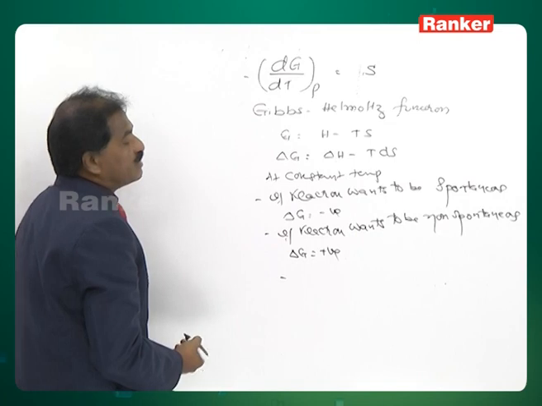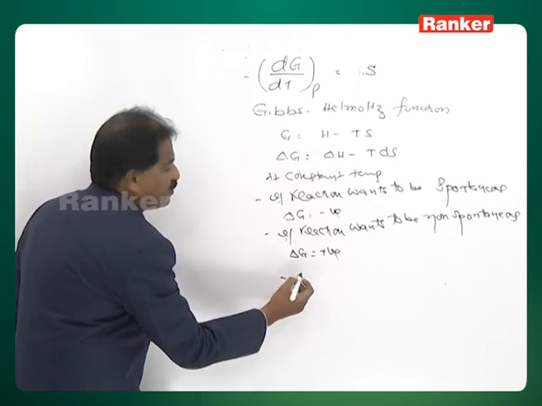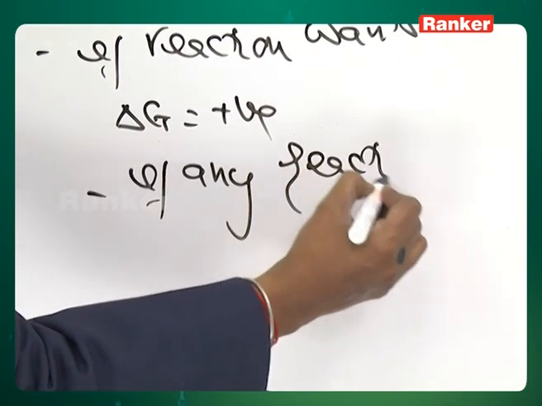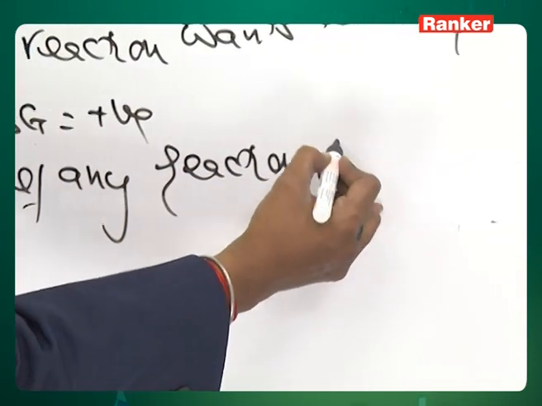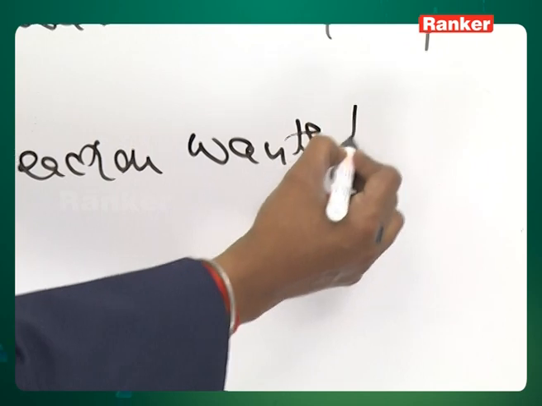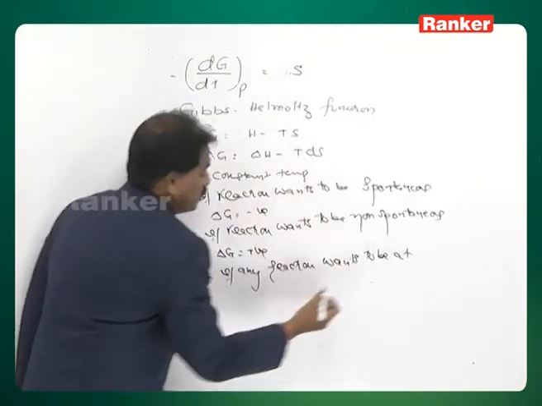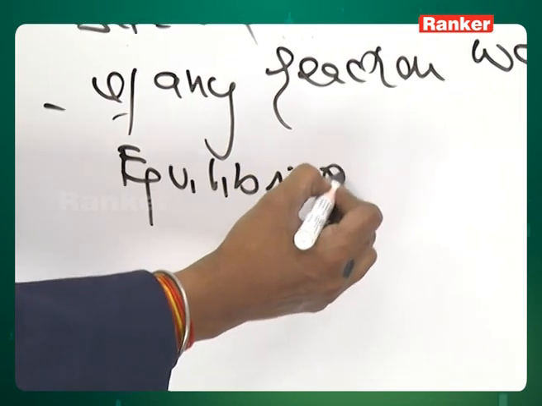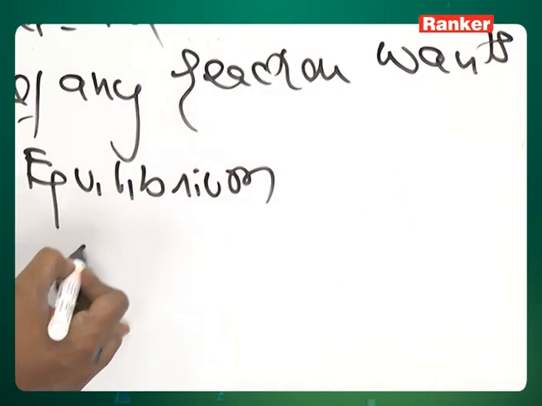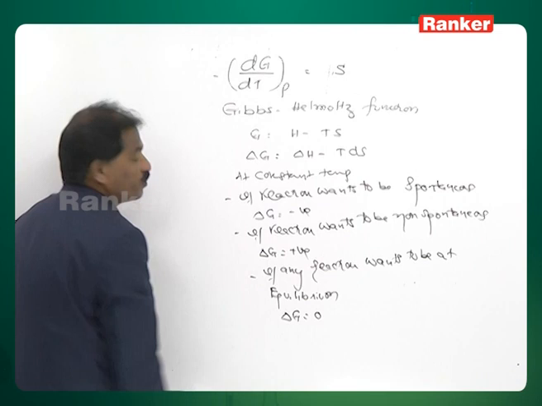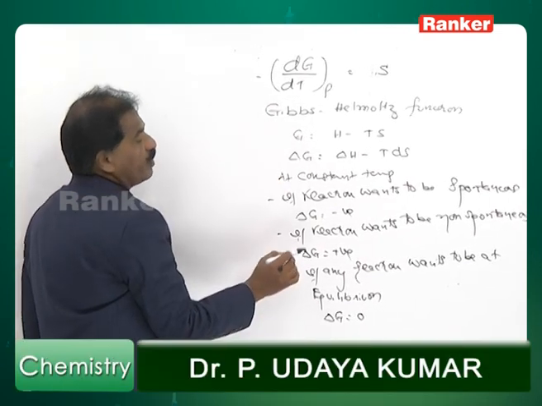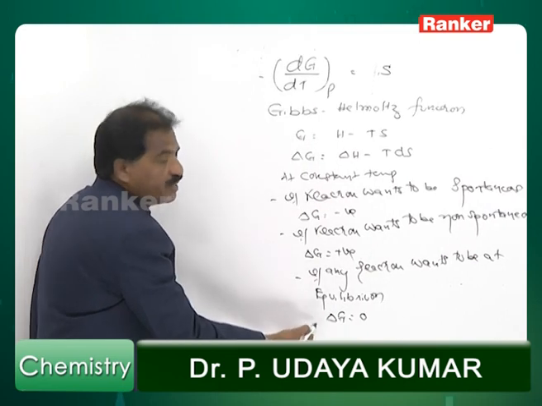Next, if any reaction wants to be at equilibrium, then dG must be 0. That means based on the Gibbs-Helmholtz function, we can predict the spontaneity of the reaction.